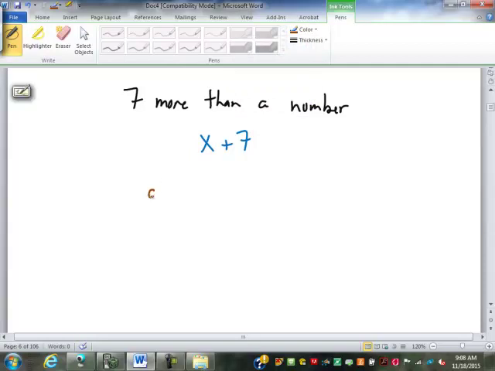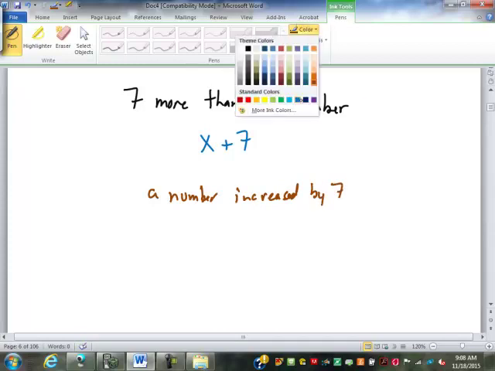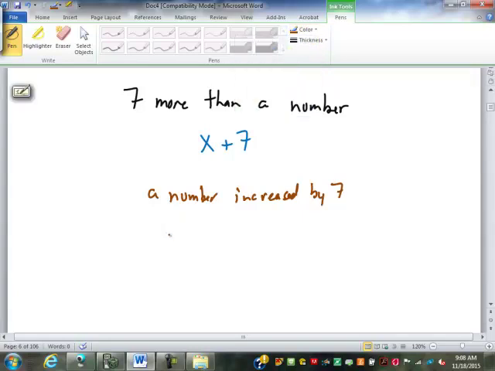For example, we might say a number increased by 7. Can you think of any other ways we might represent it? You'd be looking at subtraction taken away.